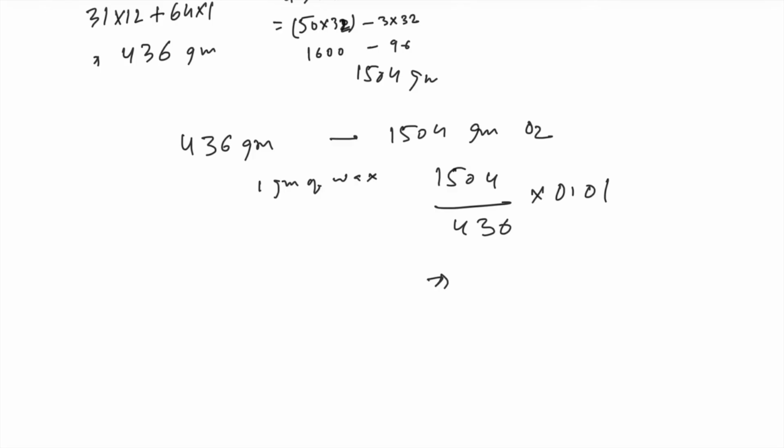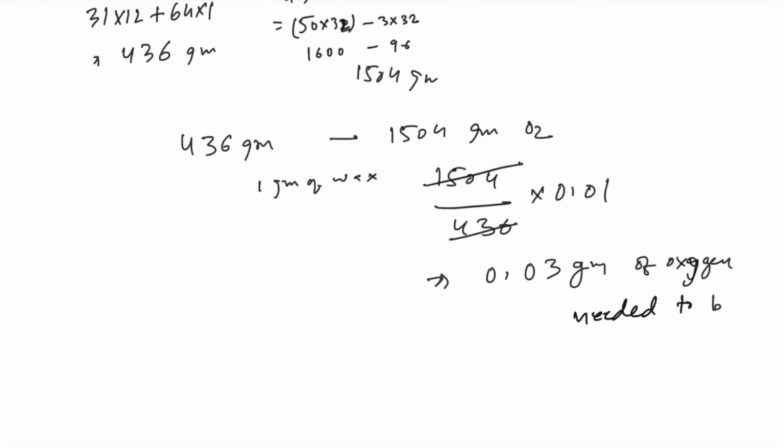Now this will come around, so this 436. We'll do some rough calculation. An order of 3, right? So it will come around 0.03. So 0.03 gram of oxygen is needed to burn 0.01 gram of wax, mombatti.